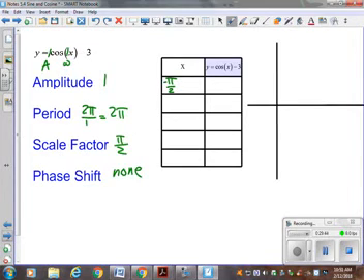Right, sine starts with 0, but we have to back up 1 from 0 because cosine always starts on the negative side. Now my period is still 2 pi, because if I take 3 pi over 2 minus negative pi over 2, that's 2 pi. So the period is still matching up.